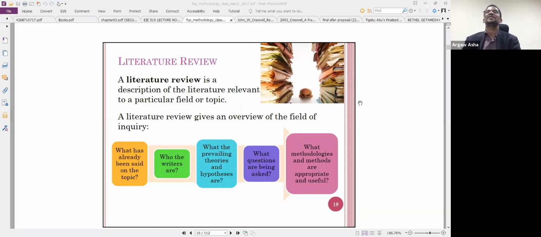Who are the writers? Are they from academia, some professors or some masters, whatever? Of course, sometimes the writers are related with the publishers. Let us say Addis Ababa University publisher, Adama University publisher, Adama Science and Technology University, or whatever. So you focus on some publishers. What were the theories developed to address road failures?